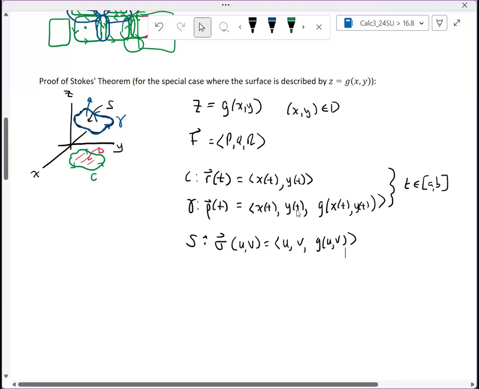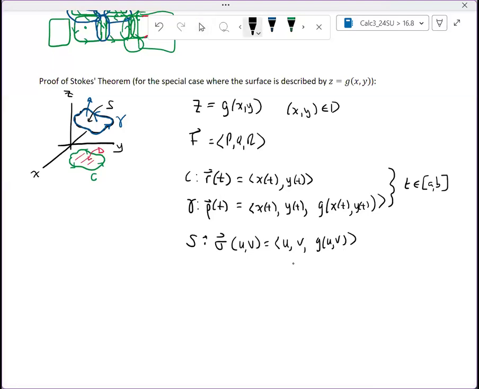So x of t and y of t are both linked by this common parameter t when we're in rho, the one-dimensional object. But here in the two-dimensional surface, u and v can vary independently. So even though these look similar, I'm trying to be careful with the details here. And then D is just described by the vector u, v. And both of these, u, v is in D.